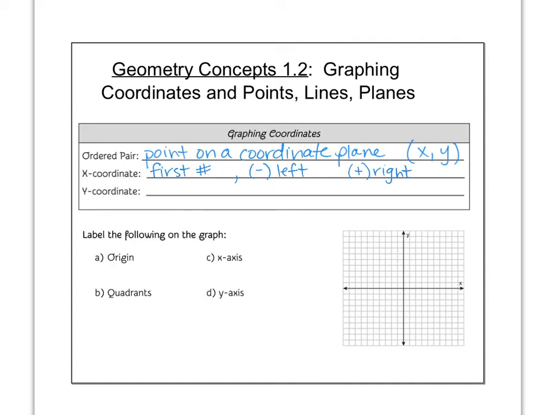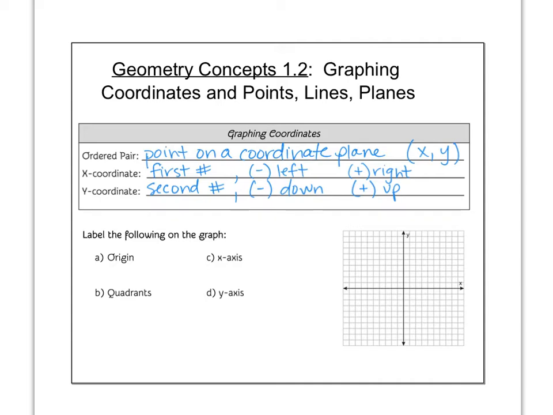The y coordinate, that's the second number in the coordinate, and that's going to tell you to go up or down. So if it's negative, you go down, and if it's positive, you go up. And we'll practice that in a minute. Okay, take a look at the coordinate plane here on the bottom right.